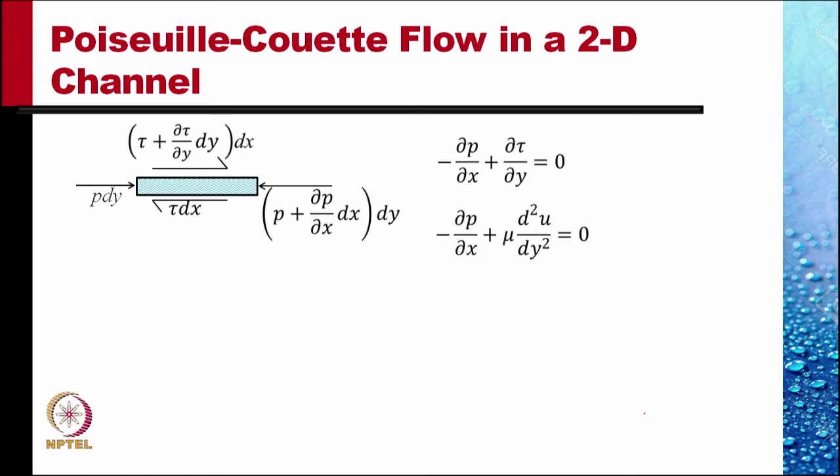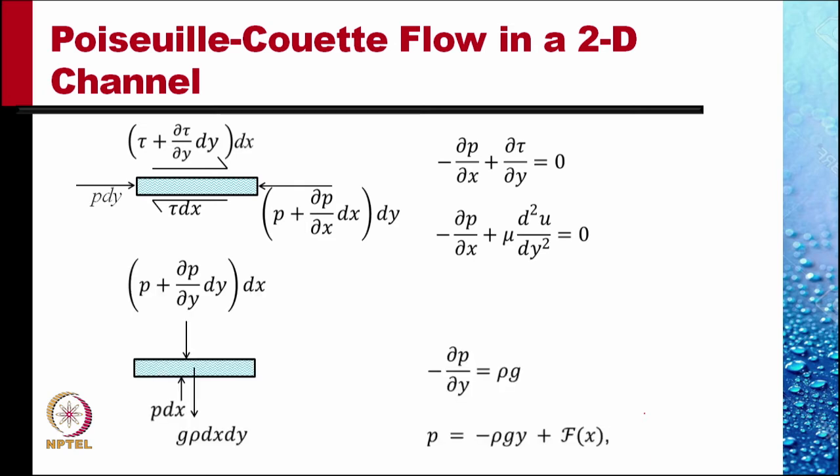Now for tau, the shear stress, we plug in mu del u by del y by Newton's law of viscosity, and so the expression is now this. If I consider the motion in y direction or the equation in y direction, obviously there is no acceleration in the y direction, there is no motion in the y direction.